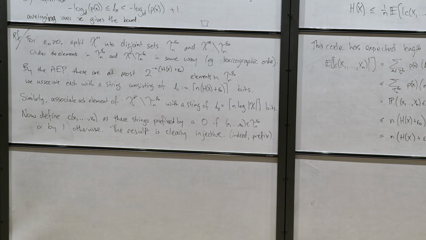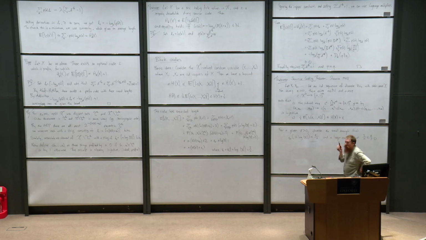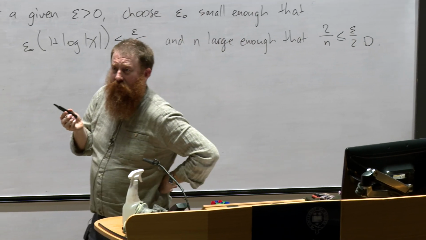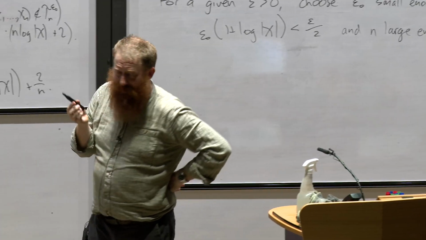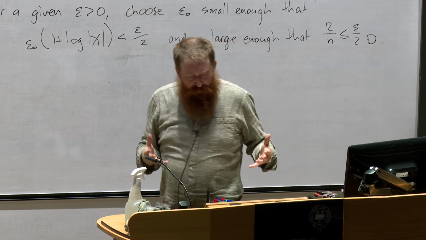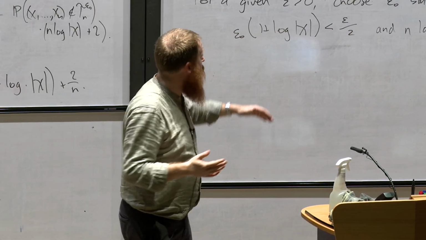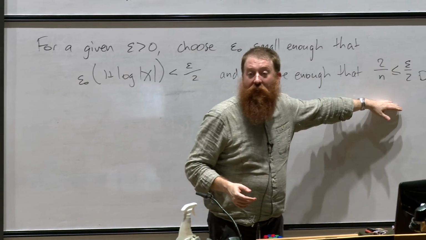There are problems. The first problem is I've got to list all the code words in a length n block. Let's say I've got something of length 100, because I'm going to have to make n large enough to get a small error.